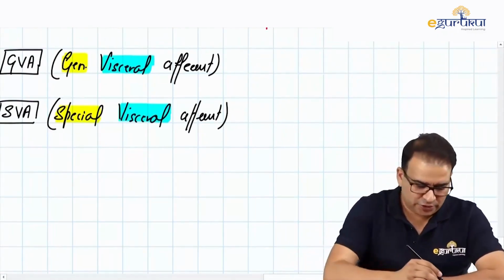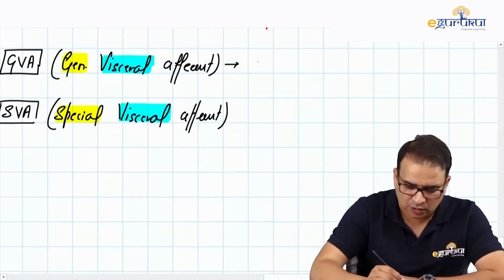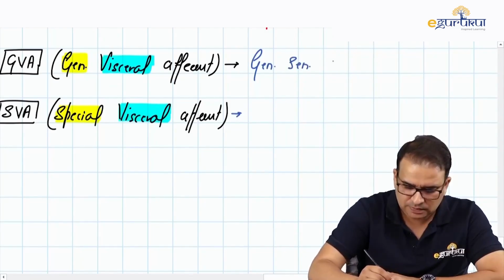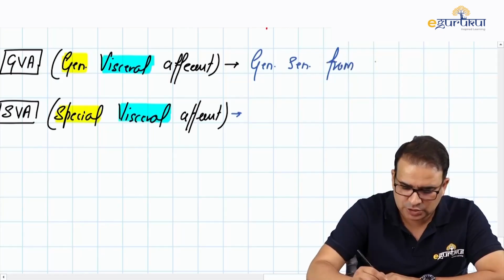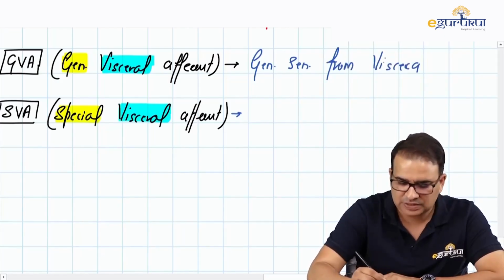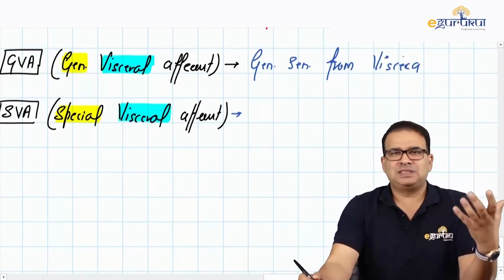So general visceral afferent is all about carrying the general sensation from the viscera.